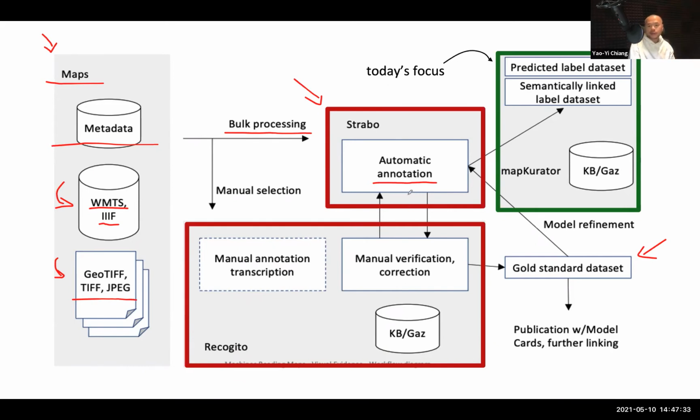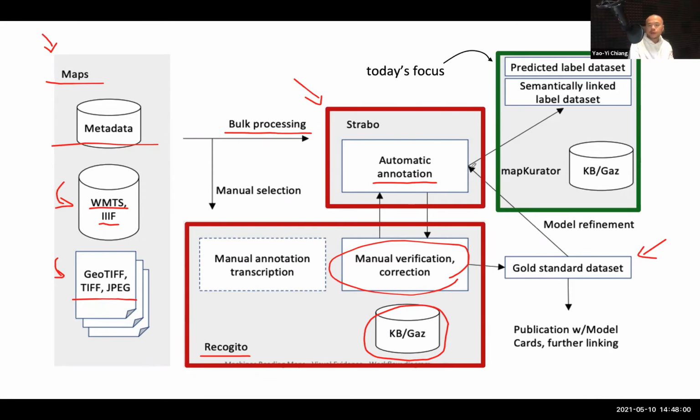We will send it to Recogito for verification. So a human will be able to look at the result, correct the result, and have access to an external knowledge base, which could be Wikidata, OpenStreetMap, or another gazetteer, to help verify the automatic annotation result and link the data set.